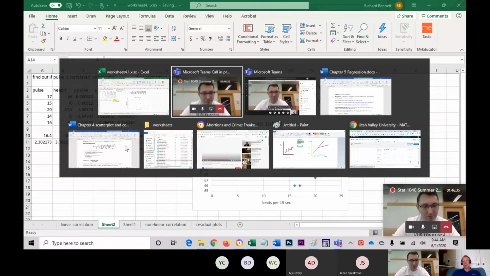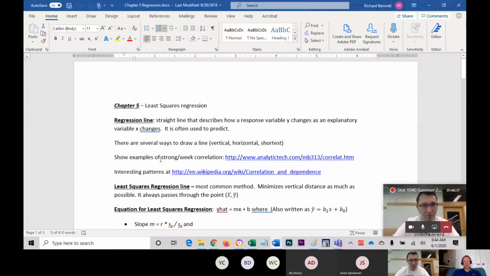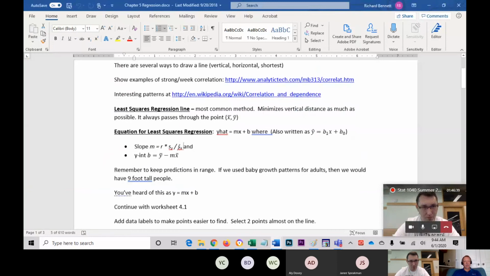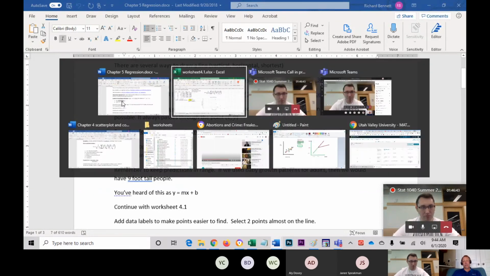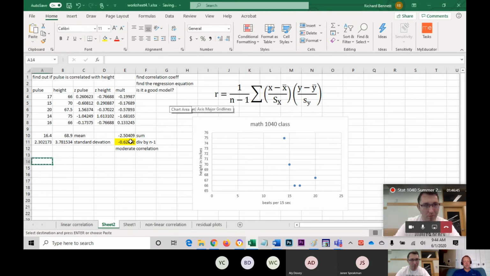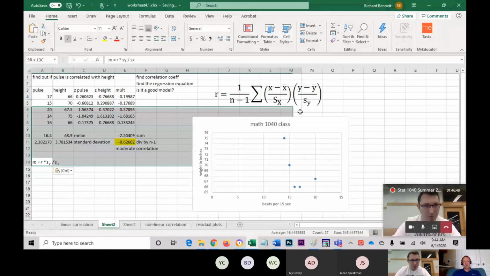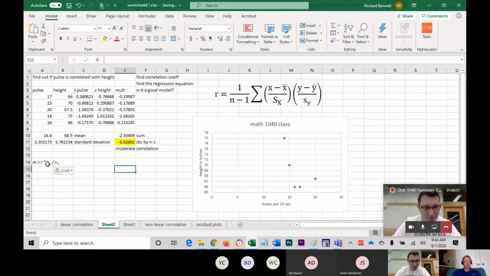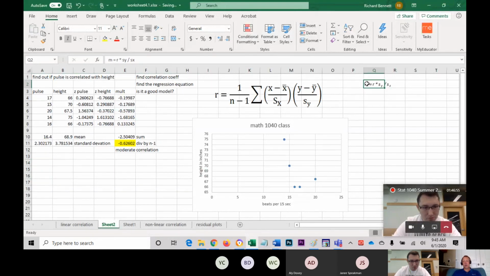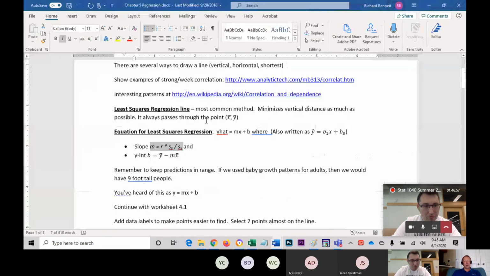So I will once again give you the equations here. Oops. Paste. So you'll have these. There we go.